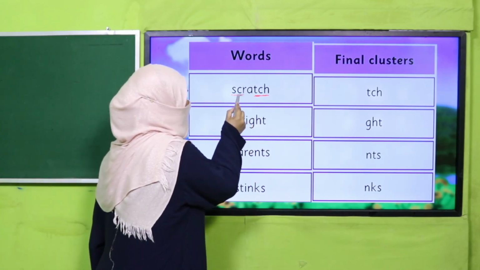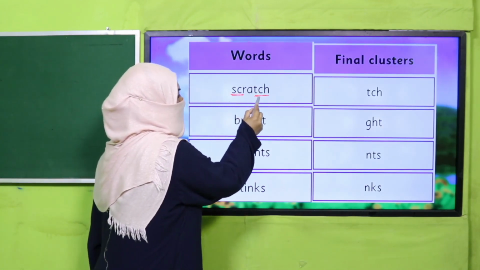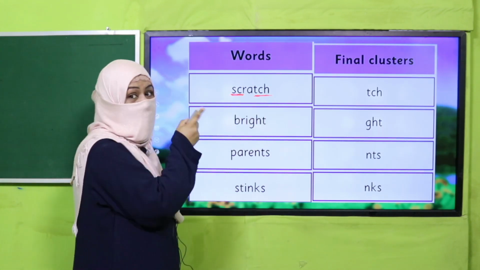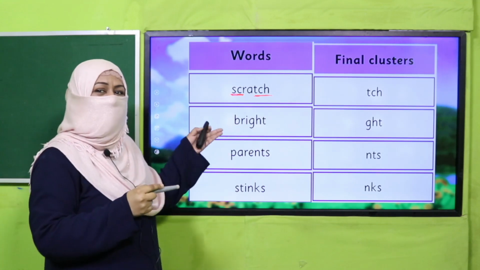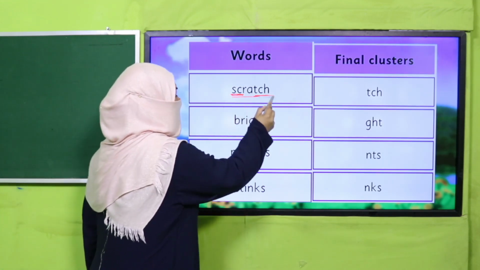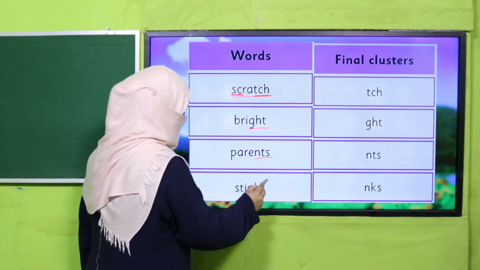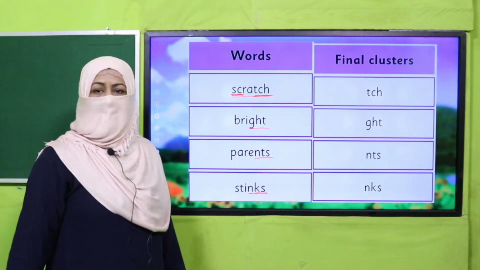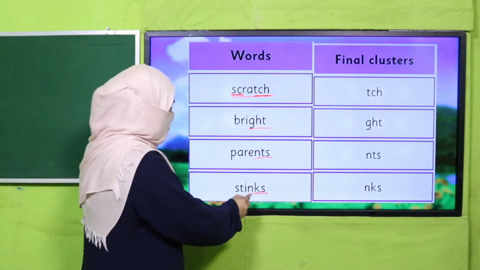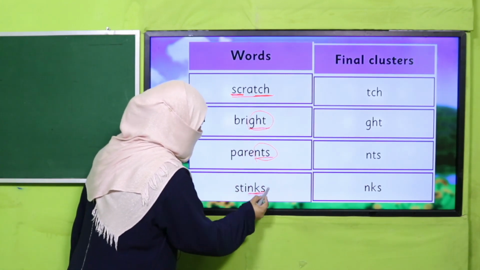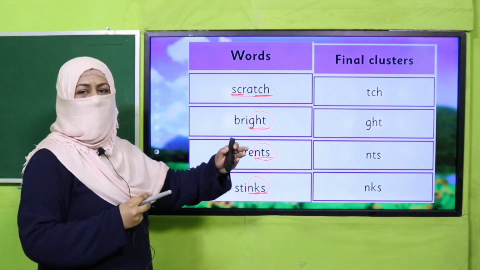So it's in the beginning as well. Scratch. It's interesting. There is a consonant cluster here as well, though it's not pointed, but while reading we could identify. Scratch, bright, parents, stinks. Okay, so this is how we identify the consonant cluster and we pronounce it in one go, right?